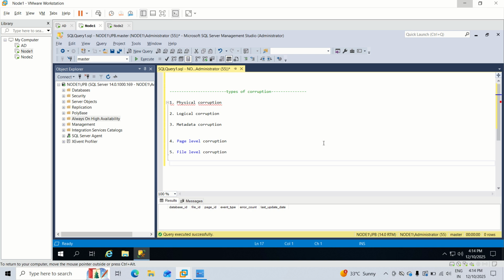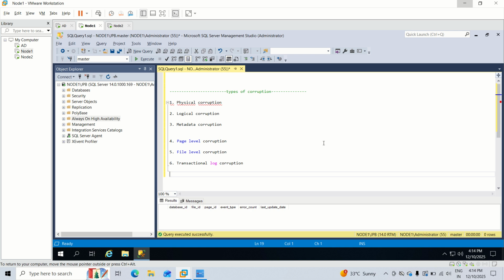Next type of corruption is transaction log corruption. Log file corruption affects recovery and rollback.